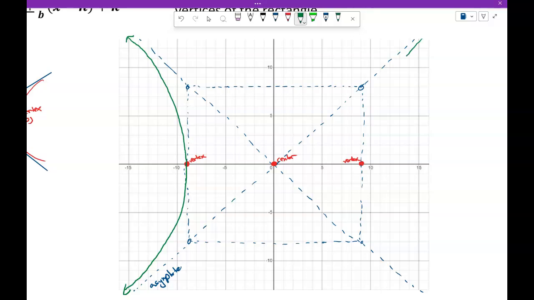We'll start close to the asymptote, we'll come down, we'll get to the vertex, pass through the vertex, and then come back and approach the asymptote. And there's our hyperbola. We've graphed it using the asymptotes with the fundamental rectangle, our vertices, and our center.